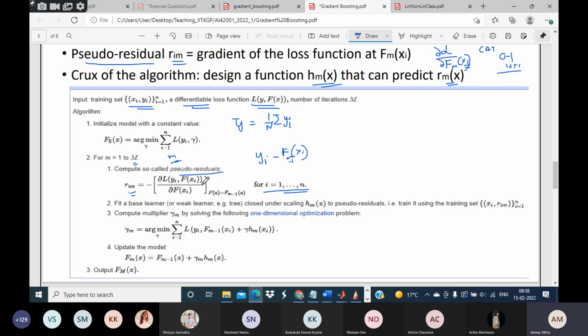Now what do we do? We fit some kind of a base learner, some kind of prediction algorithm, which is trained to predict the pseudo residual corresponding to every data point.